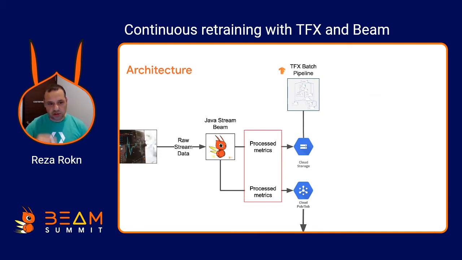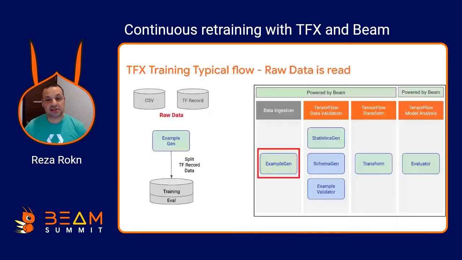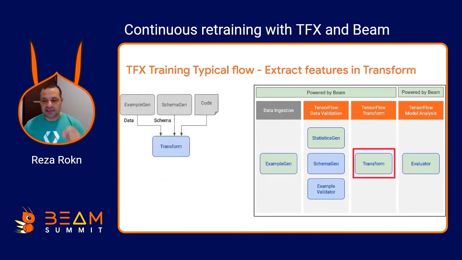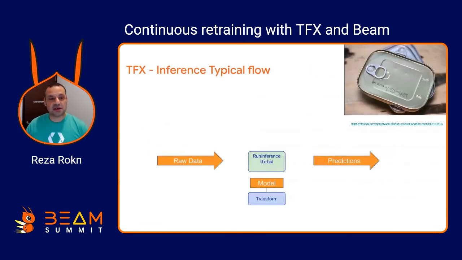So, talking through the bits that TensorFlow takes care of for us when we're using TFX all the way through, we consume our raw data, as Rob was describing, in example gen, and then in transform we do the feature extraction. However, because we are doing quite a lot of that work in the Java pipeline, we need to be extra careful because we are no longer getting the things we normally get for free from TFX.